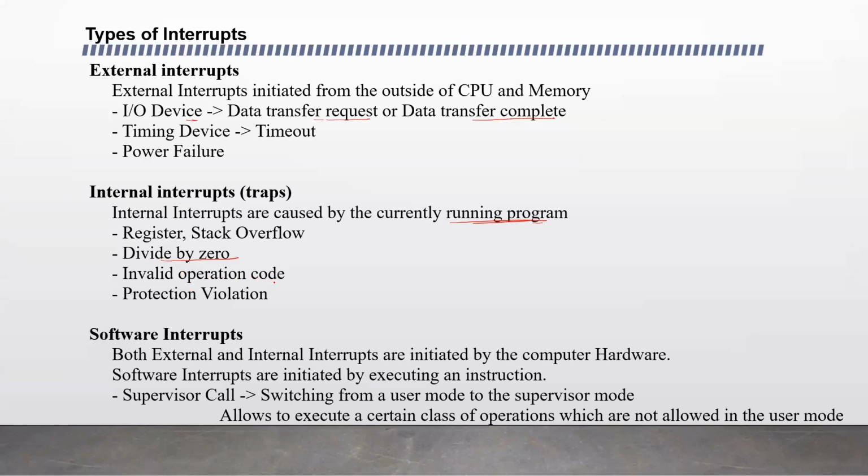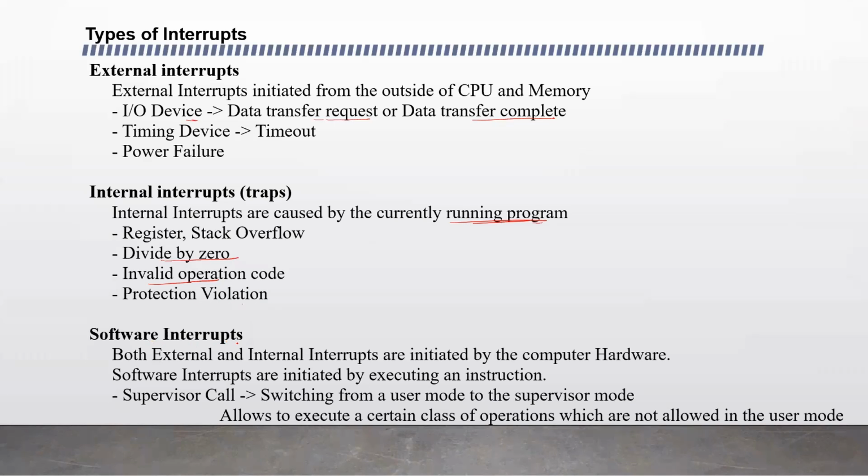Then invalid operation code and protection violation: during the execution of a program, we are trying to access some data which is protected from the user. The user is not allowed to access it but tries to access the data, which causes a violation of protection. This kind of interrupt is called an internal interrupt, initiated by the currently running program.